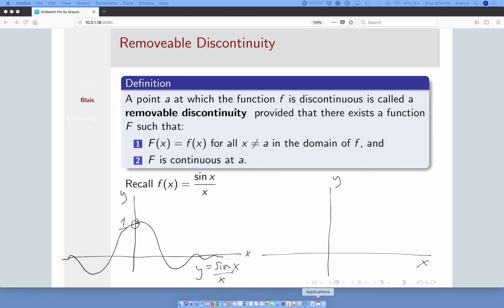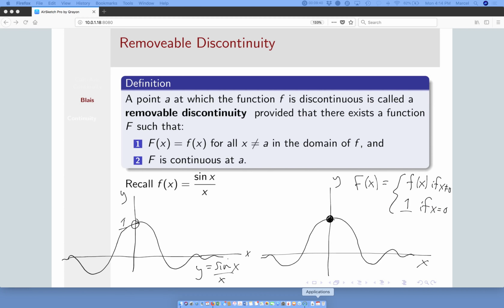And intuitively, what we said before was just fill in the hole. And that's exactly what we do. We define the new function, capital F of x, to be the previous one if x differs from 0, and fill in the hole if x equals 0.